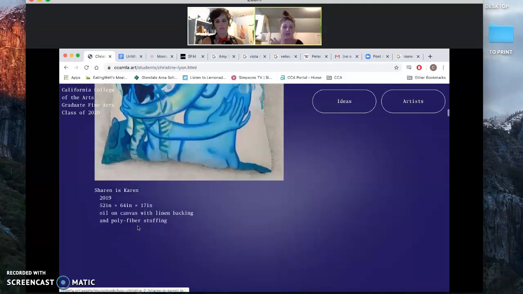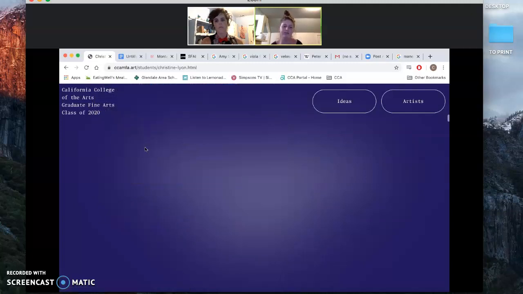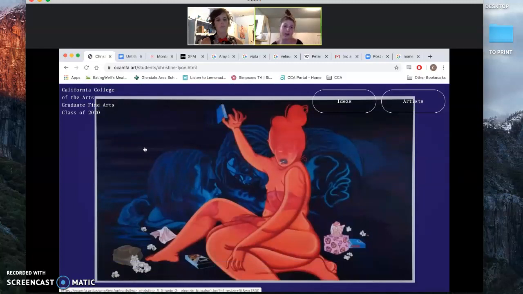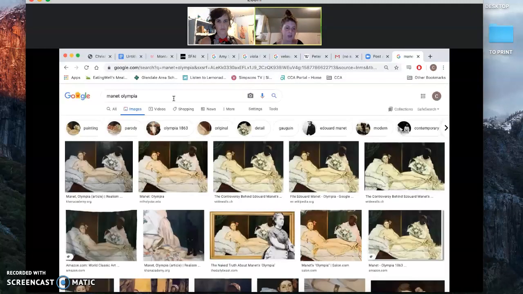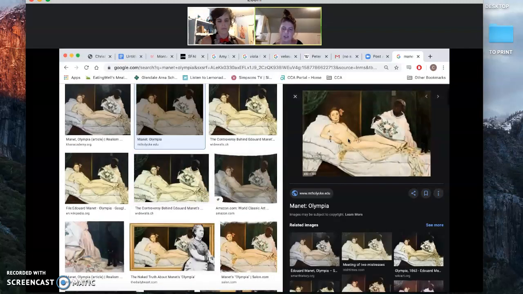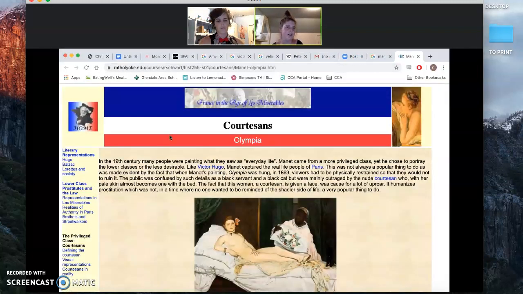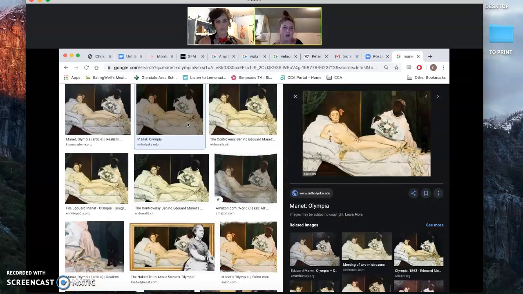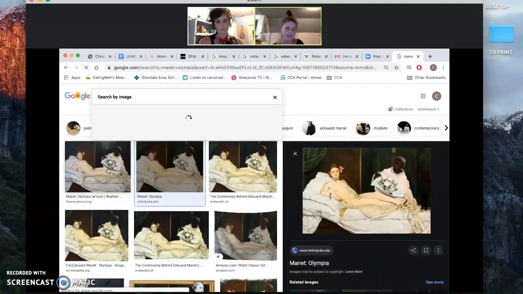And then also, as I noted before, I'm really interested in this central figure that is this passive, reclining nude female figure that we've seen in art represented and re-represented from the 15th, 16th century on. And that's a lot of why I look at Manet's Olympia too, I keep going back to her. This is a 19th century painting. So these are things he's grappling with nearly 200 years after Velázquez's Venus.